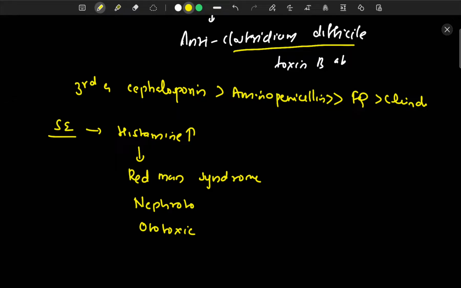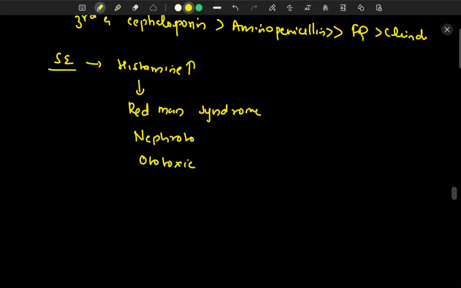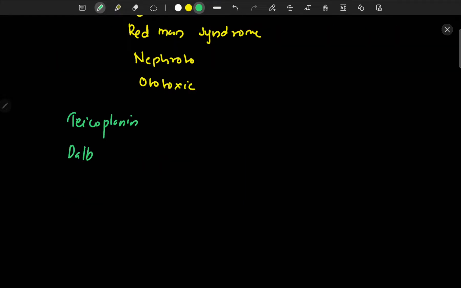The other glycopeptides are teicoplanin, then dalbavancin, then telavancin and oritavancin.